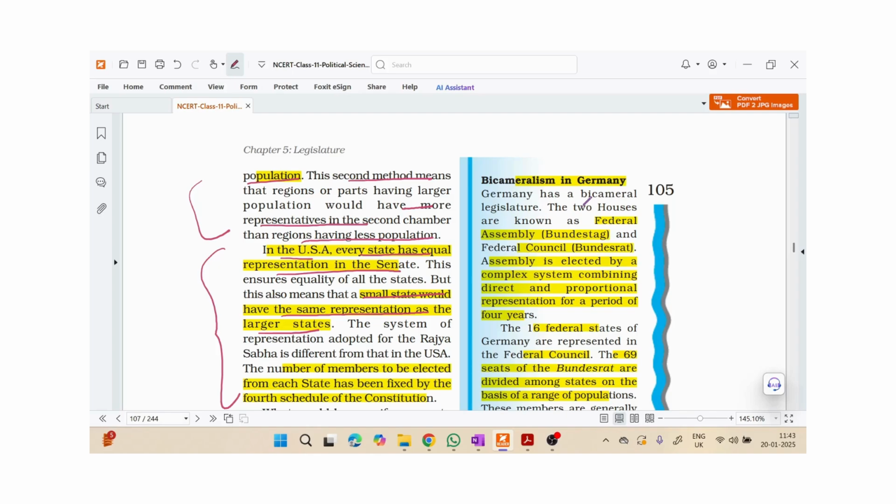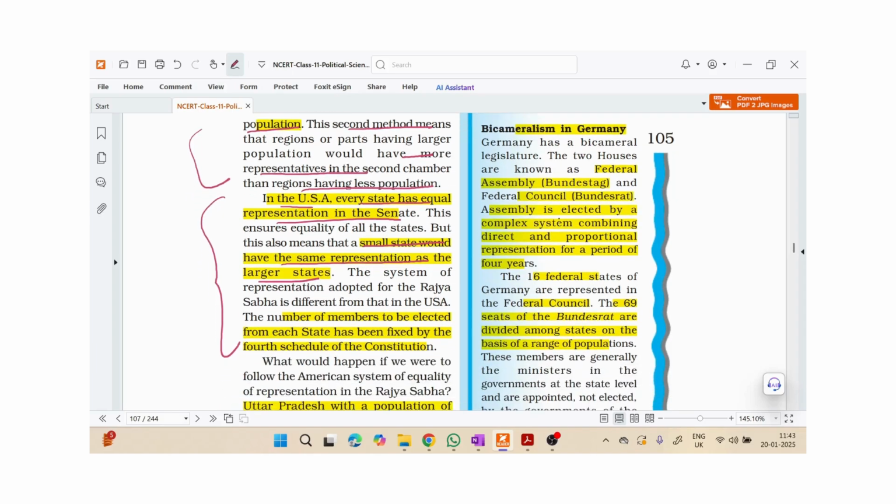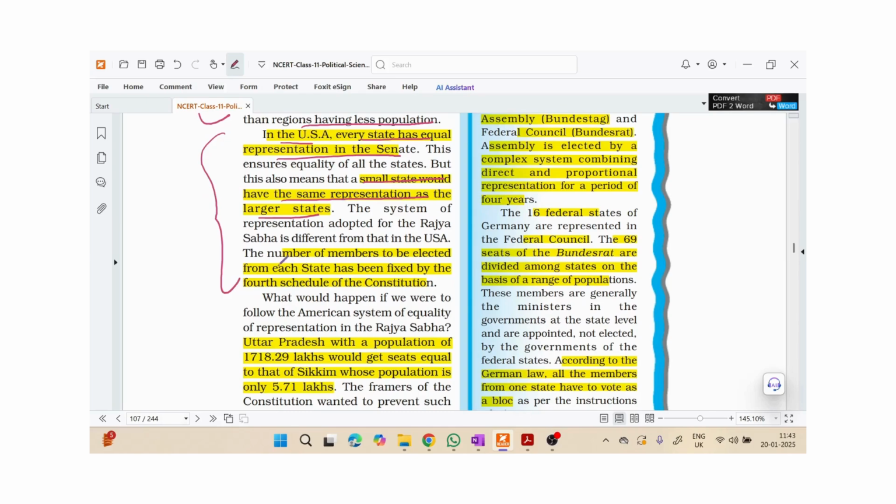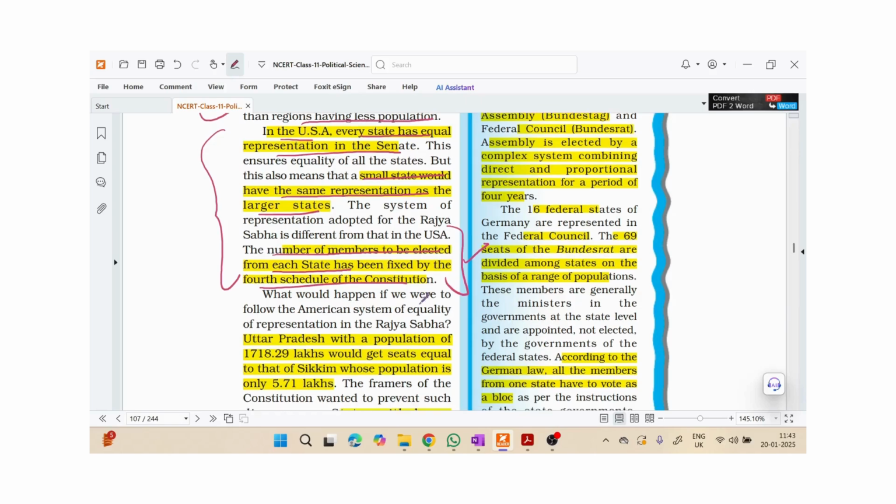So to avoid this discrepancy, जो Indian constitution makers हैं, they followed the asymmetrical method of representation, in which जिस state की population ज़्यादा है, it will have more representatives, and then the numbers of members to be elected from each state has been fixed by fourth schedule of the constitution.